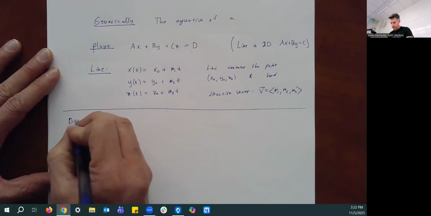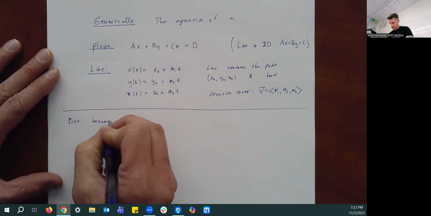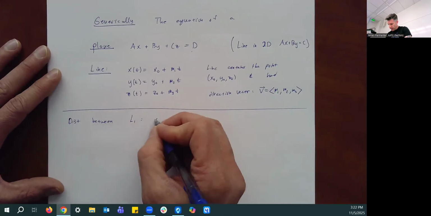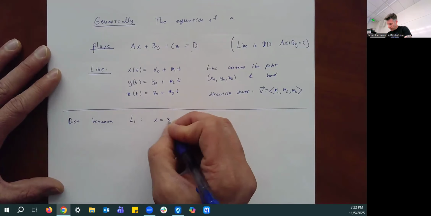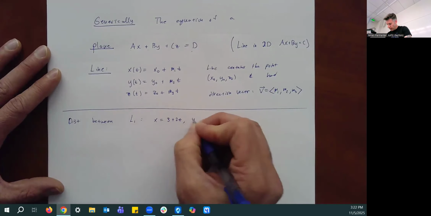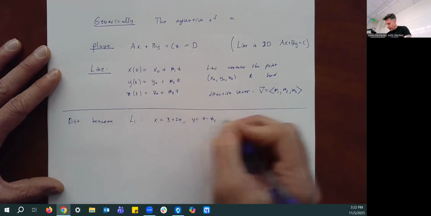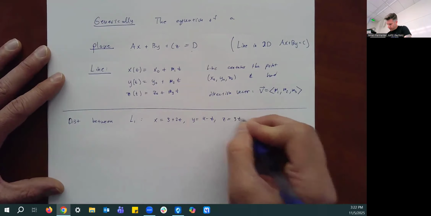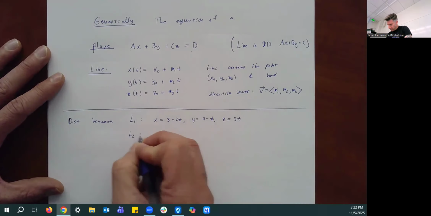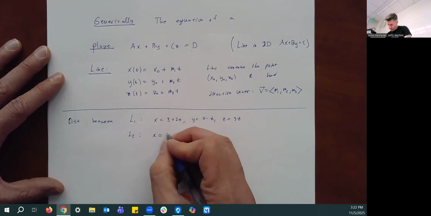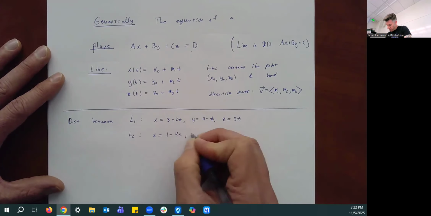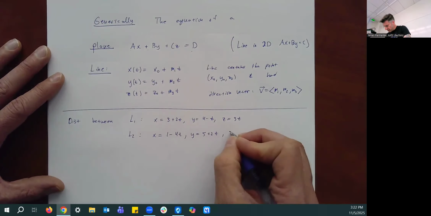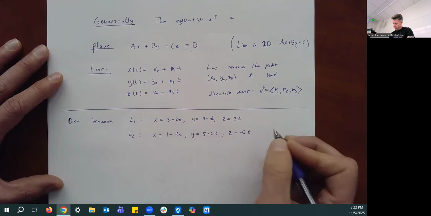Let's say we want to find the distance between the lines L1, given by x equals 3 plus 2t, y equals 4 minus t, and z equals 3t. And line 2 is x equals 1 minus 4t, y equals 5 plus 2t, and z equals negative 6t plus 1.